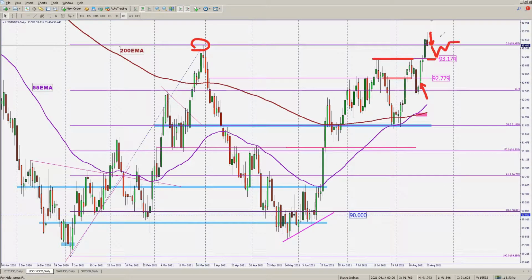And it could consolidate for the week. We'll see. There may not be anything else to drive it further yet until next month's non-farm payroll report.